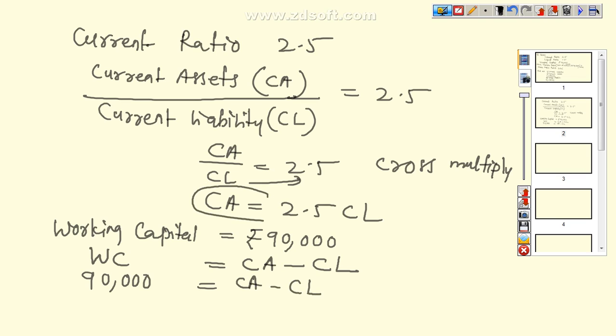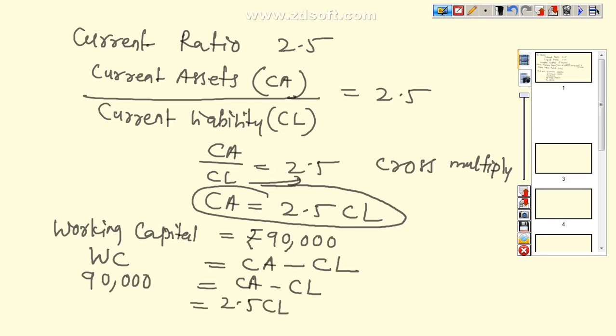According to this, we can substitute current asset, that is equal to 2.5 CL minus CL, because here current asset is equal to 2.5 CL.